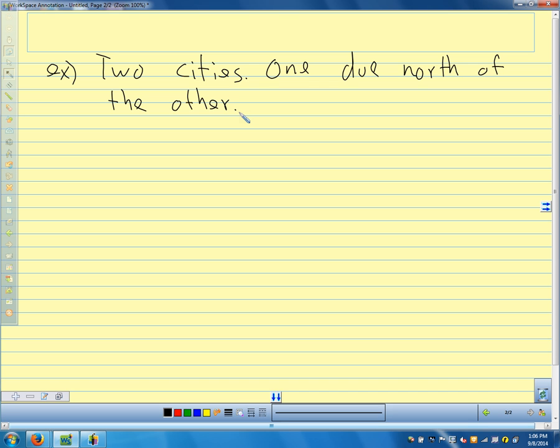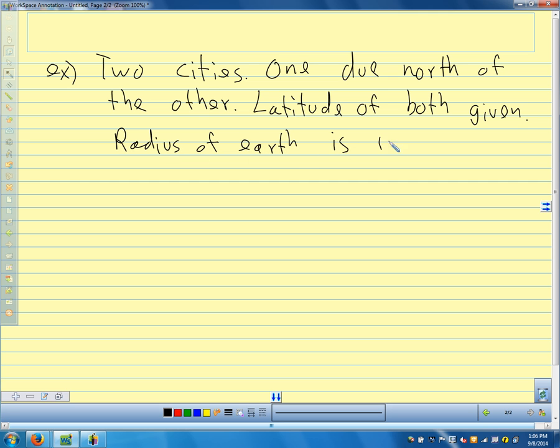So one is at 78 degrees, for example, and one is at 35 degrees. And it's going to say if the radius of the Earth is 4,000 miles, I think it's about 4,000 miles, how far apart are the cities?